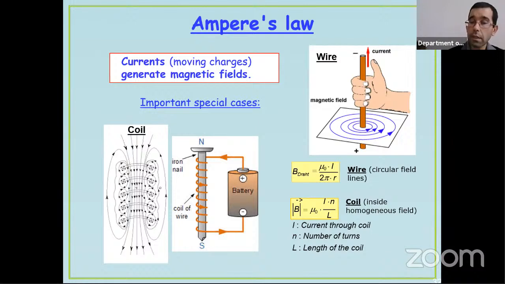The magnetic field inside the coil is directly proportional to the current in the coil, and the larger the number of turns per unit length, the stronger the field. So if you increase the number of turns, you can increase the magnetic field strength. Similarly, you can compress the coil so that the same number of turns is in a shorter distance.